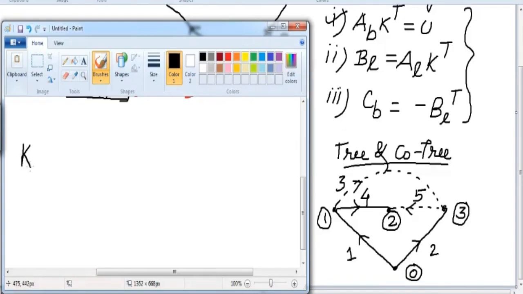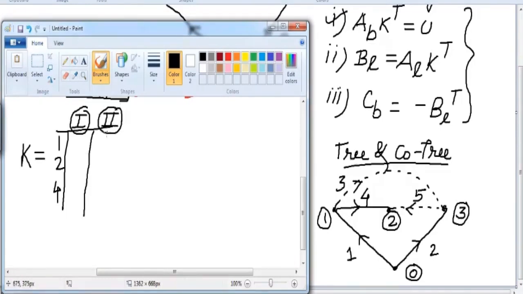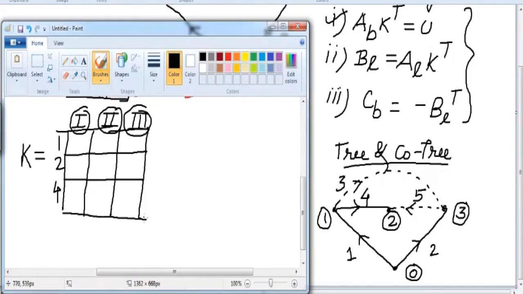So K will be equal to, with columns 1, 2, 4, and here the paths: path number 1, then path number 2, and then path number 3. I'm not drawing the graph once again, so you have to do it in your copy and write the matrix accordingly.